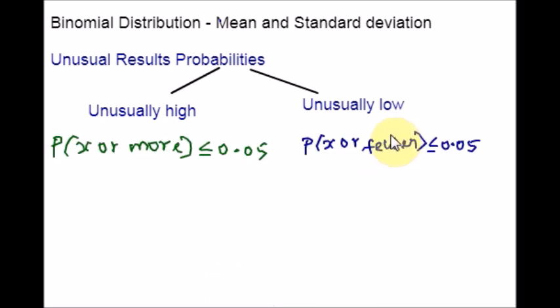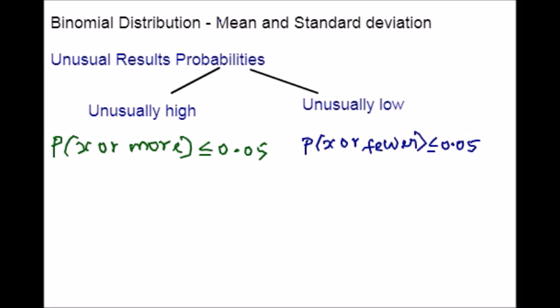In the same way, X successes among N trials is an unusually low number of successes if the probability of X or fewer is less than or equal to 0.05. So from this you can identify whether the result is unusually high or unusually low. First you have to identify unusual results and then you have to check whether it is high or low.